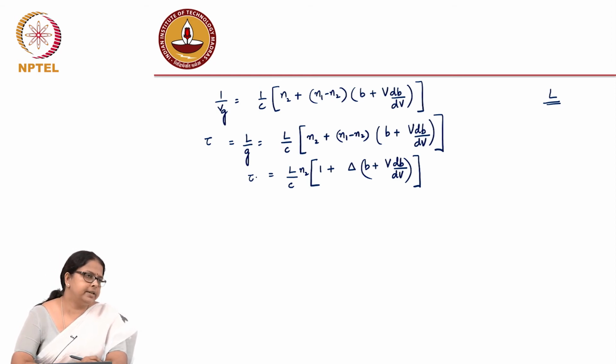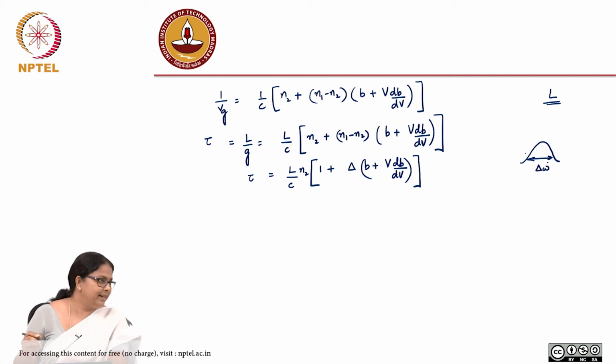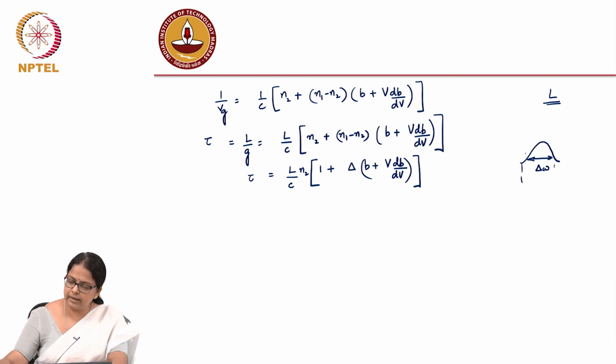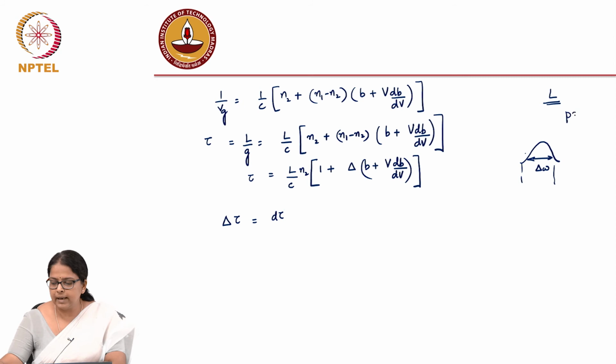But now we are interested to know how much is the, so if my pulse had a certain delta omega spread, what is the time delay between this component and this component is what we are trying to figure out, right. So, that is why our dispersion will now be delta tau is equal to d tau. Again, while writing dispersion, we want to maintain the unit of the same thing, picosecond per kilometer and nanometer.